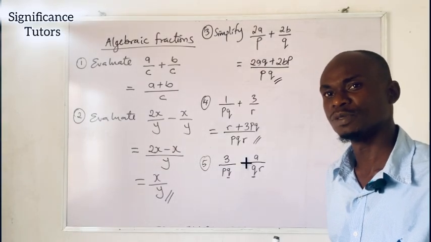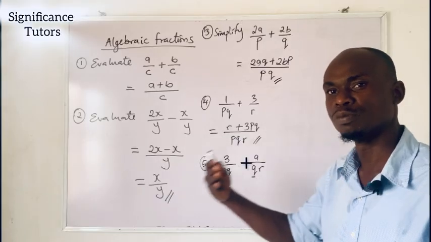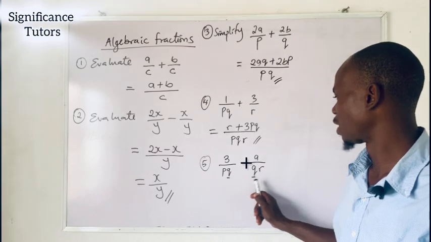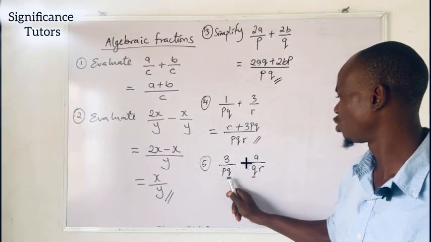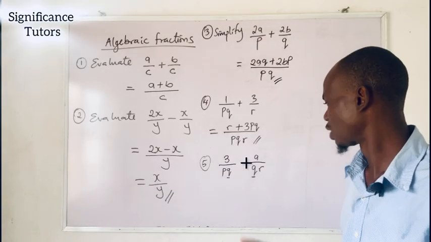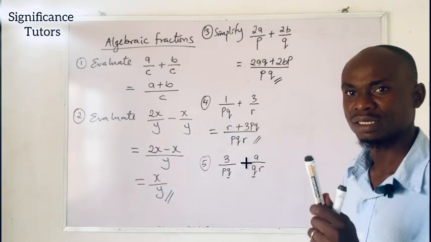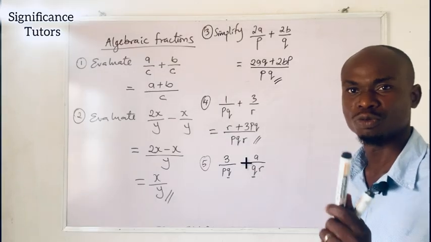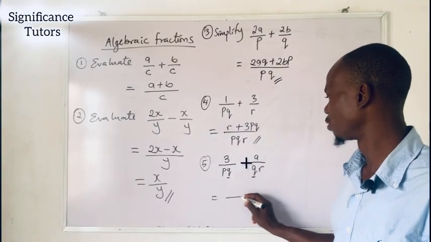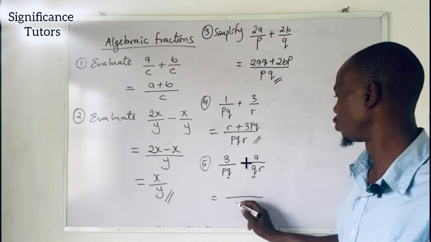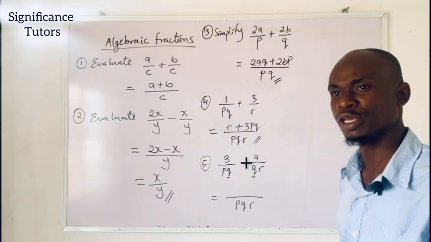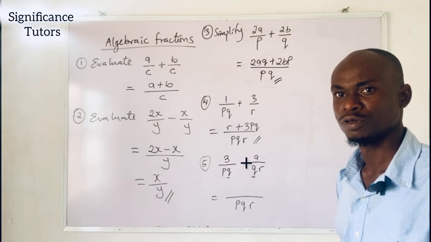So when you have a repeating factor, if you multiply, there will be a power. You ignore the power. pq times qr is pq squared r, so I don't need the square. That is to say, I'm not taking the 2q, I'm taking just 1. If it is q cubed, I will take just 1q. In that case, my LCM here will be pqr, which is multiplying the denominators by ignoring the repeating factor.